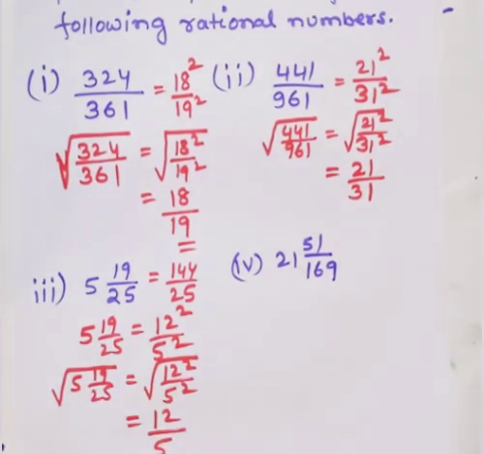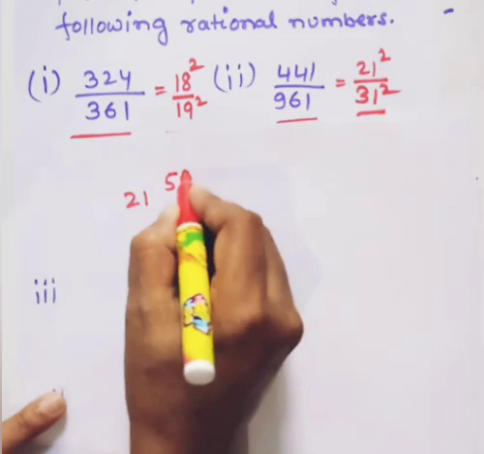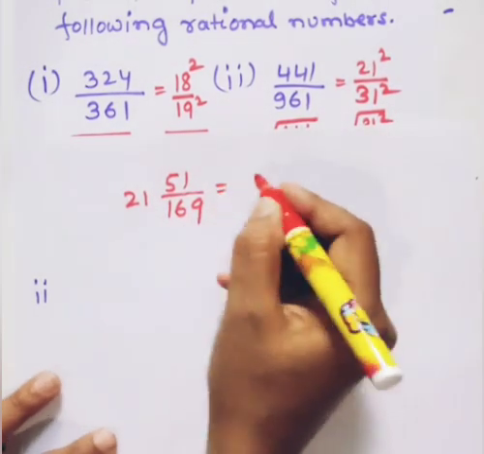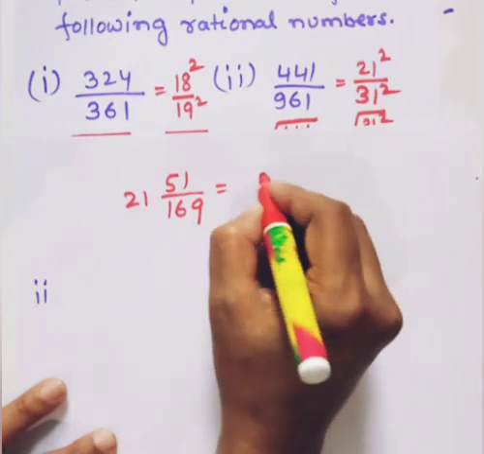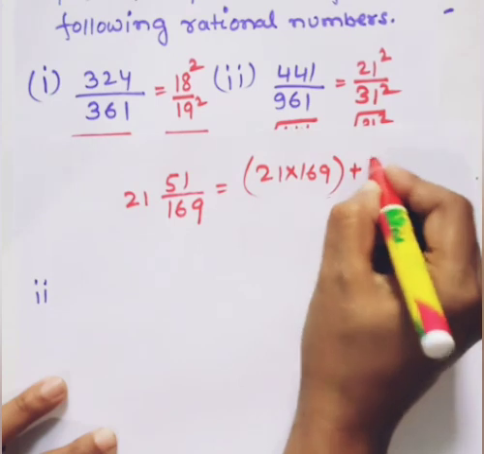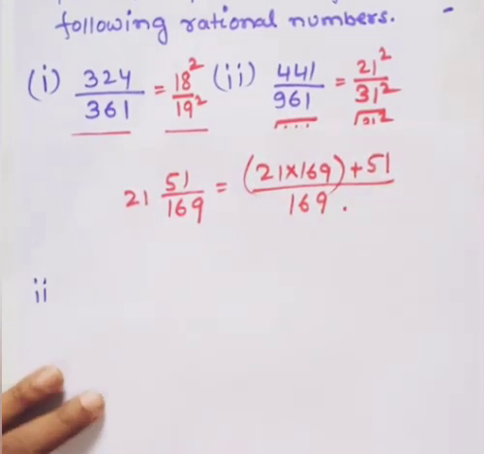That is again 21 and 51 by 169. Same process, you change it into improper fraction. 21 into 169 plus 51 divided by 169.